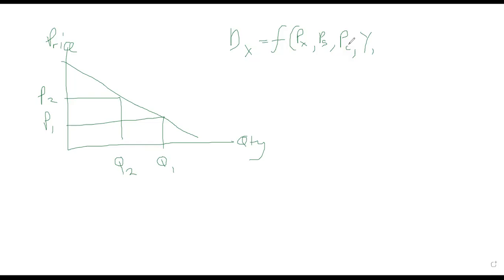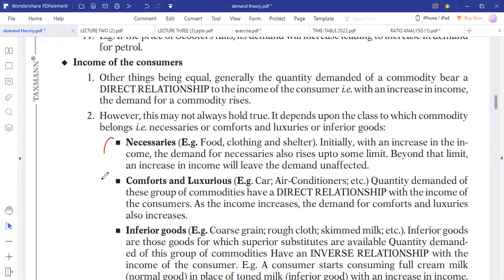Under income, we discussed that we have 3 types of goods related to income: necessities, luxury goods and inferior goods. The necessities and the luxury goods are termed normal goods because they have a direct relationship. When income increases, you increase demand for particular goods.